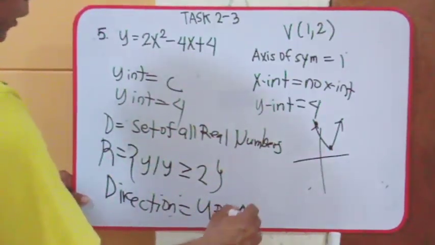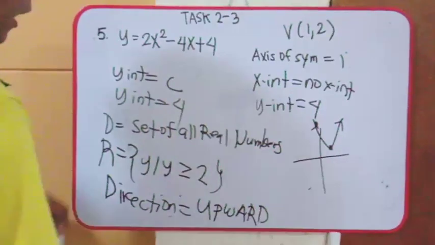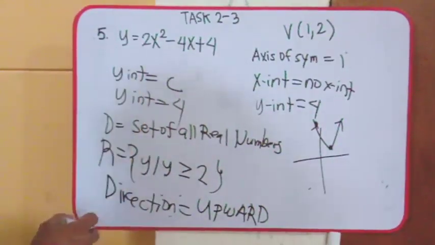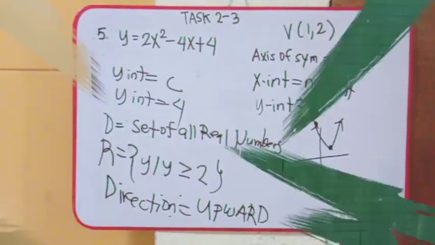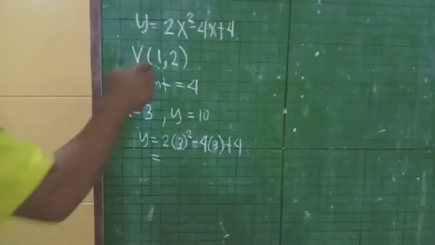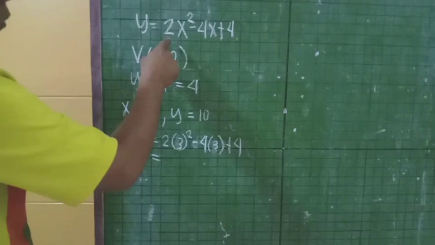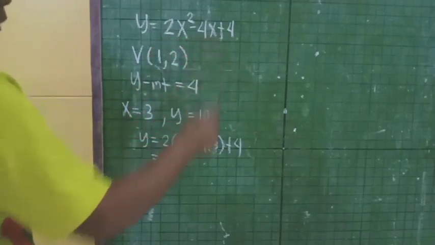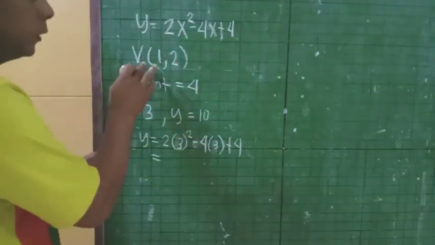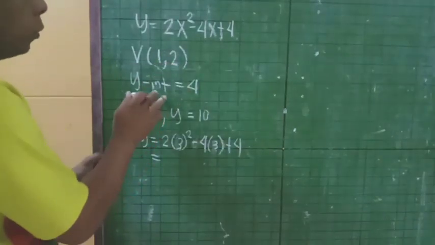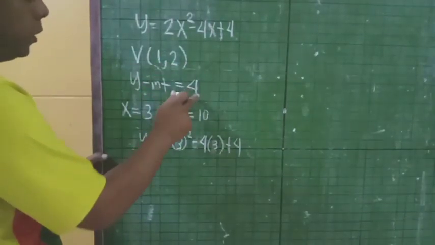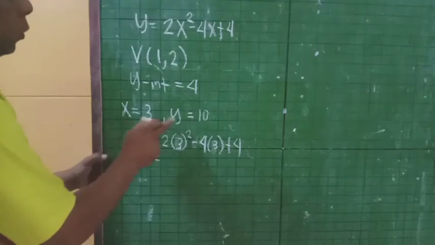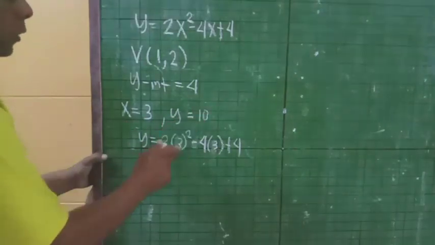So, ang susunod natin gagawin ay i-graph natin ang function ng y equals 2x squared minus 4x plus 4. So, ang nakuha nating vertex, 1 and 2. Y-intercept is 4. So, if x is 3, y is 10. Paano nakuha?